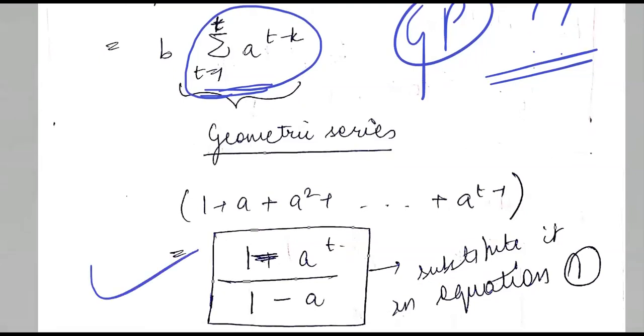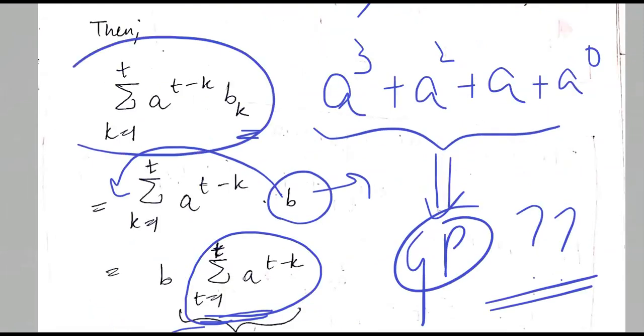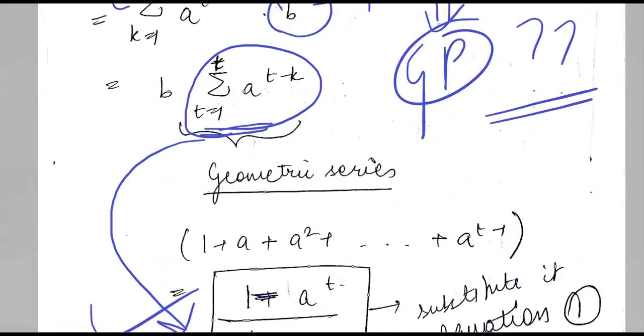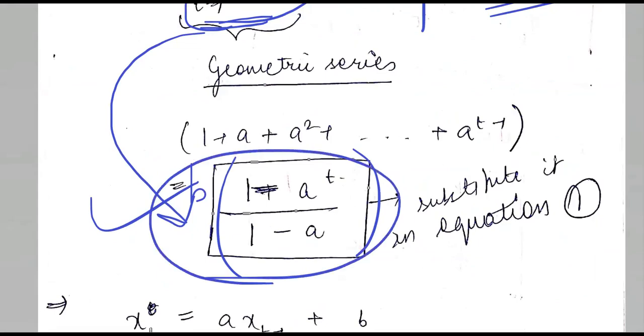So instead of this, I rewrite it like this. I resolved this part here, and for this part I get the answer as b into 1 minus a to the power t upon 1 minus a. This is the solution.